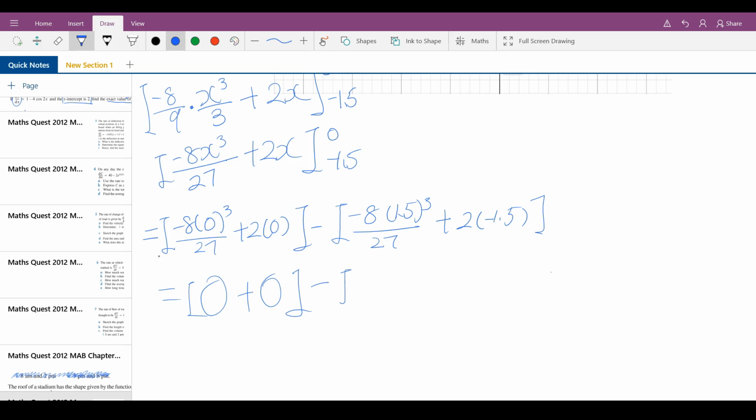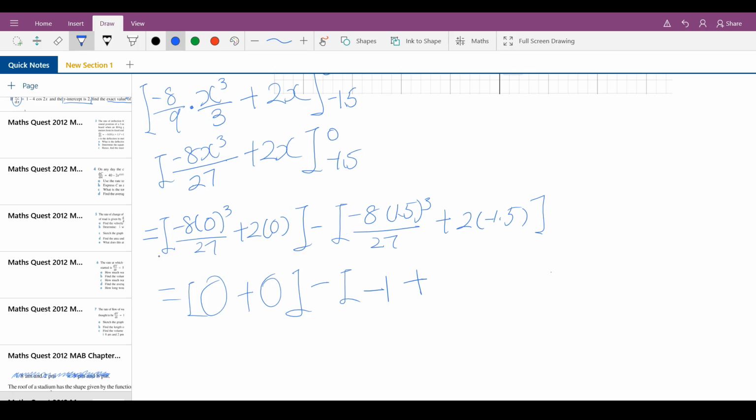Minus, now for this we'll just use the calculator. Negative 1.5 cubed gives us negative 3.375, times negative 8 would give you 27, and 27 over 27 will give us 1.